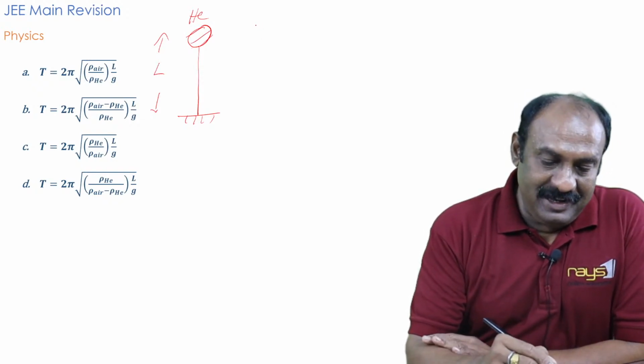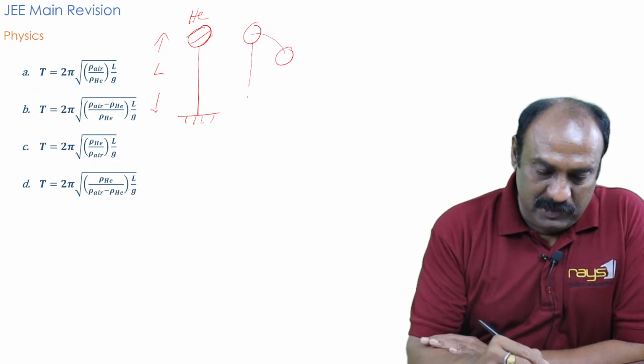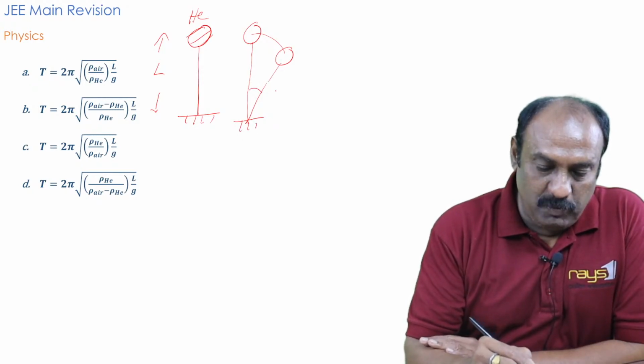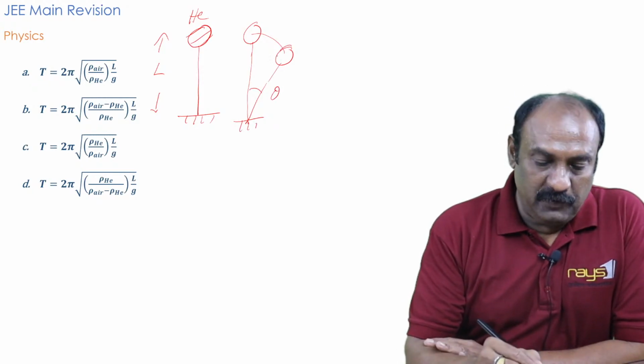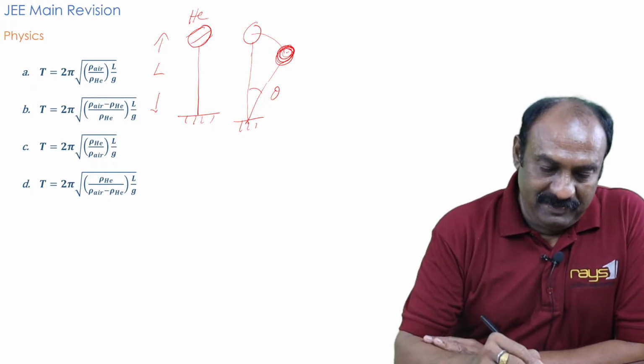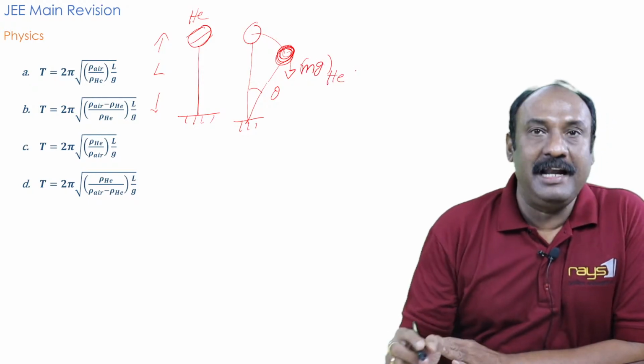When it is slightly displaced from its equilibrium position through a small angle, what forces act on the helium filled balloon? One is the weight of the helium, which acts vertically downward.